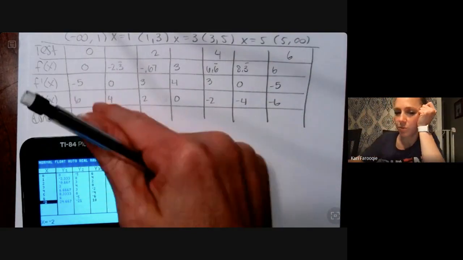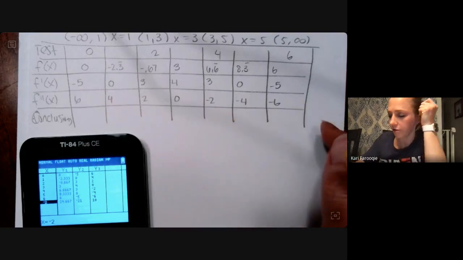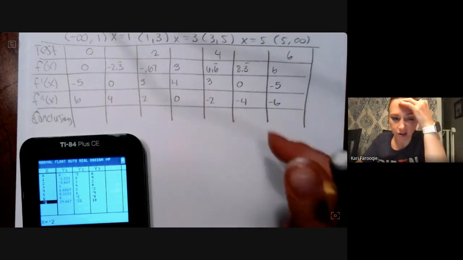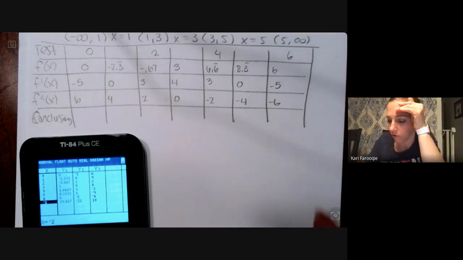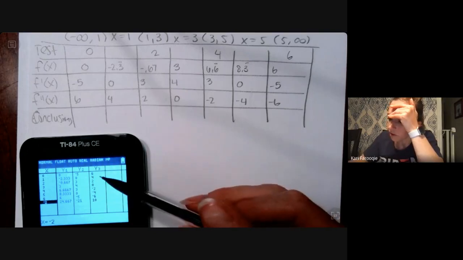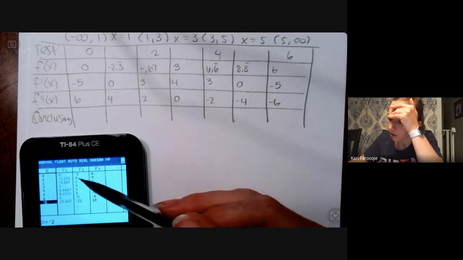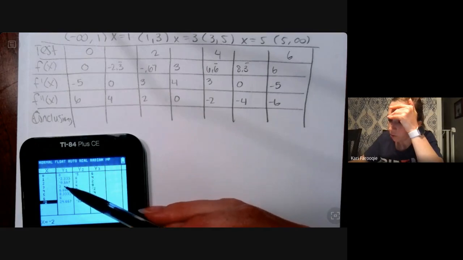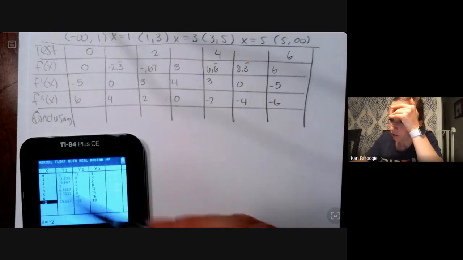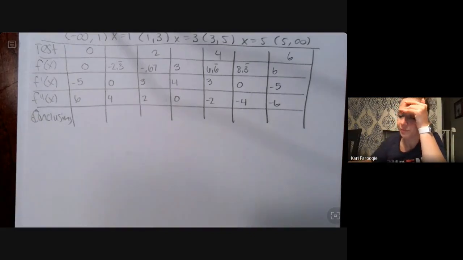Notice how I write my numbers a little bit to the left in the cell, just because I like to know what's happening there as far as whether the function's increasing or decreasing or concave up or concave down. Sometimes I go through and double check to make sure that everything looks good. If one sign is off or a point is off, my graph's going to go haywire.